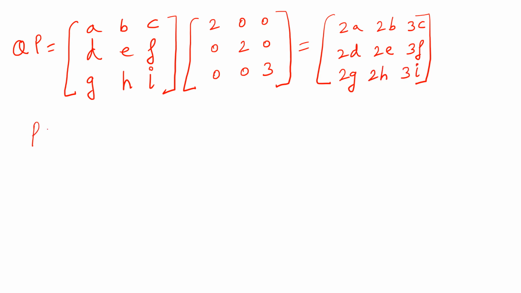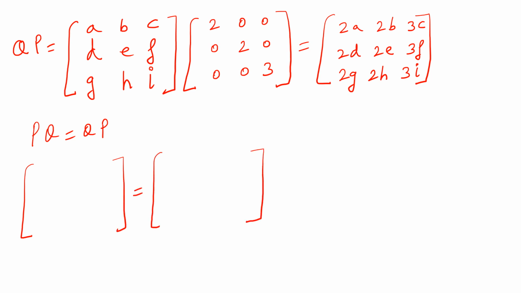Now students, since PQ is equal to QP, I can keep both of these matrices equal to each other. On the left hand side, we have the matrix PQ. And on the right hand side, we have the matrix QP.